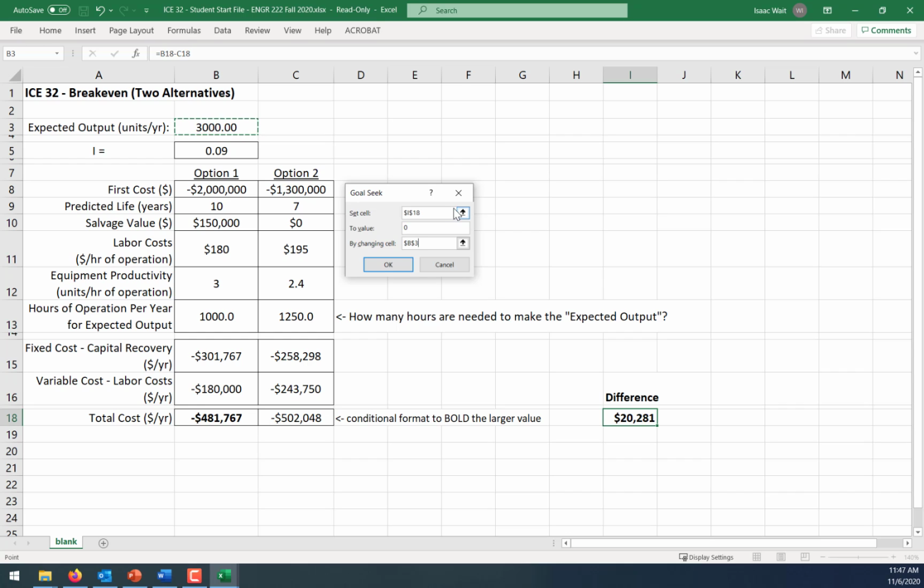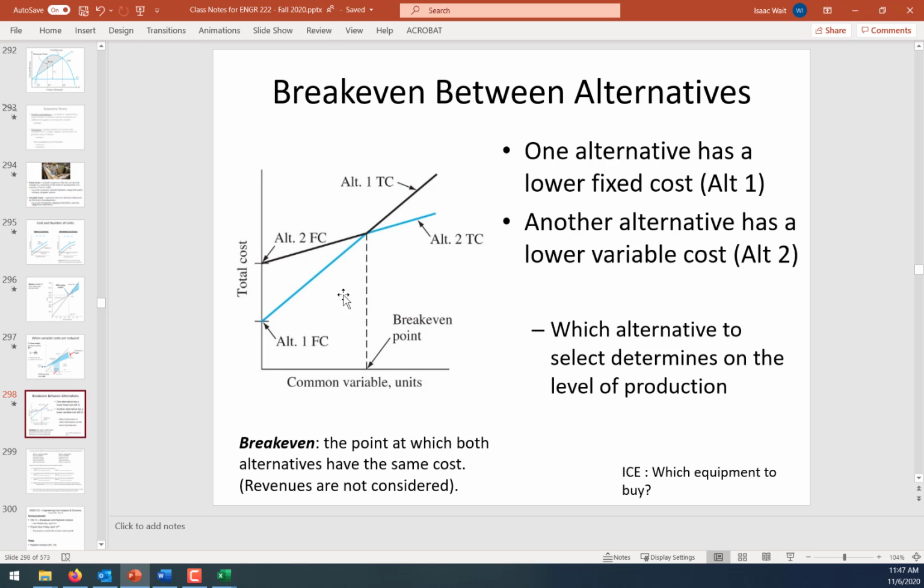And so we know the break-even point is somewhere between 1,000 and 3,000 because we've just observed it switch from option 2 being preferable to option 1 being preferable. As soon as I click OK, it's going to go and find this break-even point where the two options are equivalent. And so then we'd know any amount of production to the left would be one option, and any amount of production to the right would be the other.